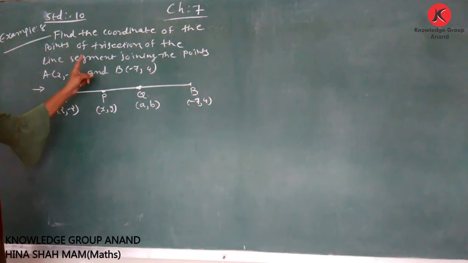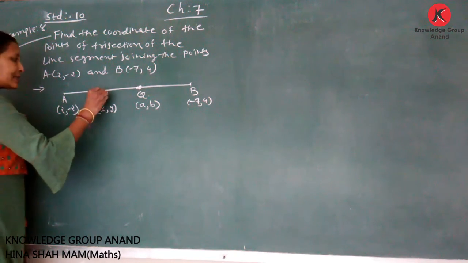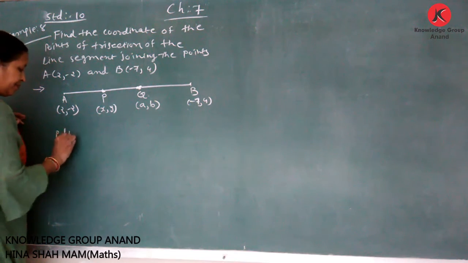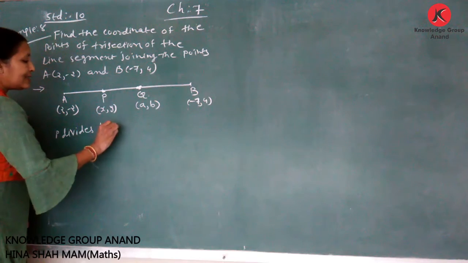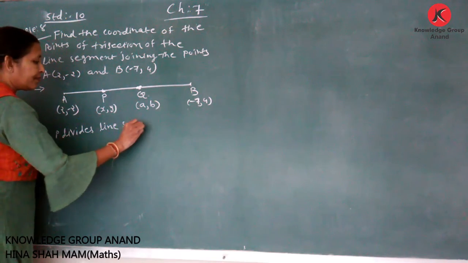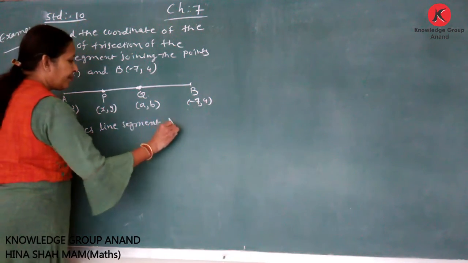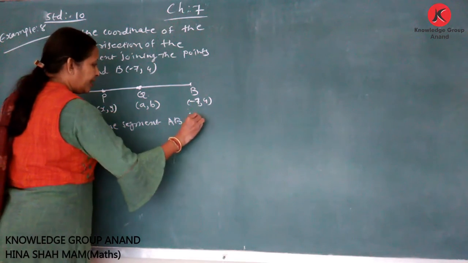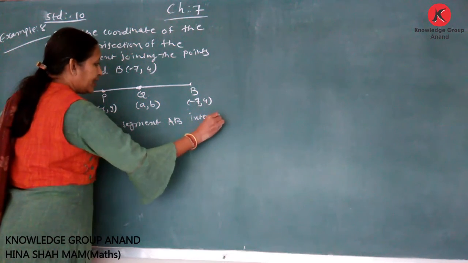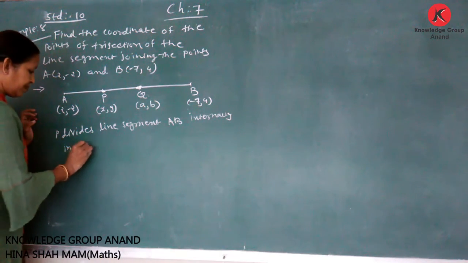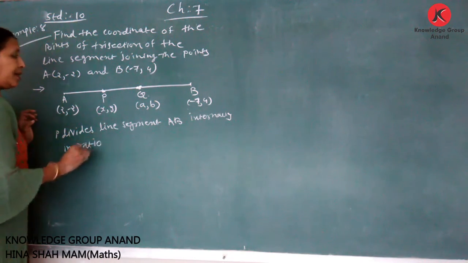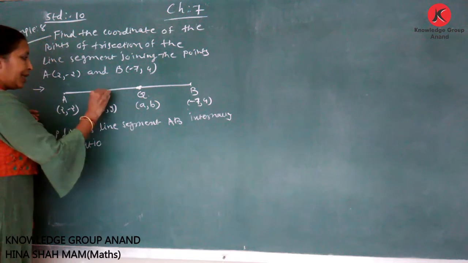Now find the ratio. P divides line segment AB internally in the ratio AP to PB.